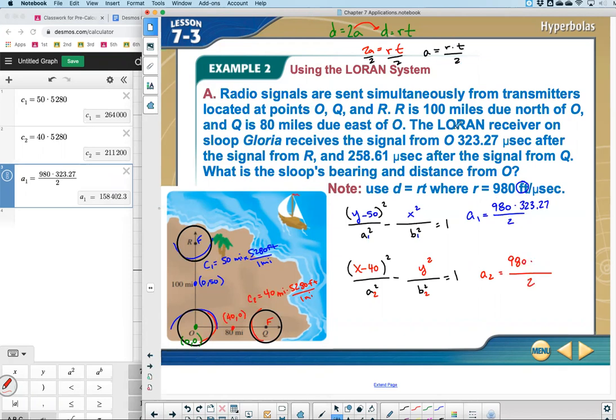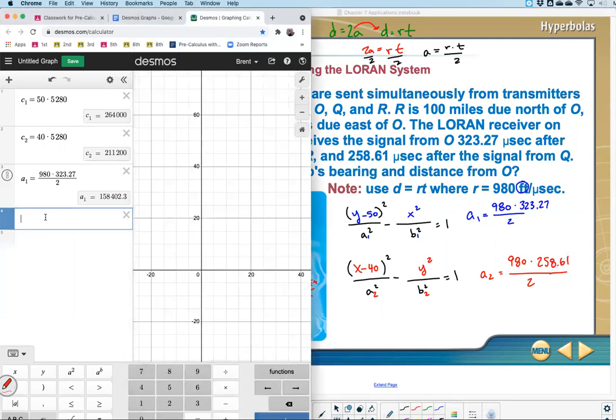Let's find out how much time there is. This amount of milliseconds is the signal from Q, so this would be times 258.61 milliseconds. That'll be your A2. 980 times 258.61, all divided by 2. There's A2.